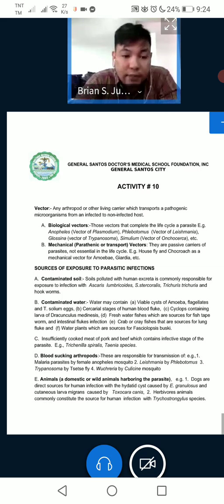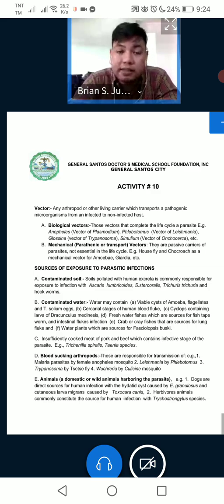Another class are animals, for example domestic or wild animals harboring the parasite. Di natin alam na yung mga pets pala natin sa bahay can carry the parasite na nagiging cause ng infection. For example, dogs are a direct source of human infection with the hydatid cyst caused by Echinococcus granulosus.